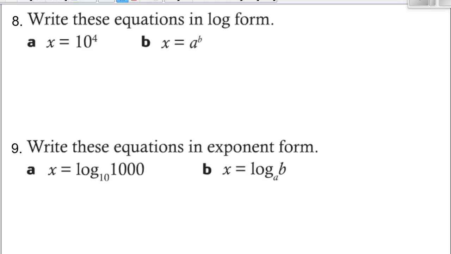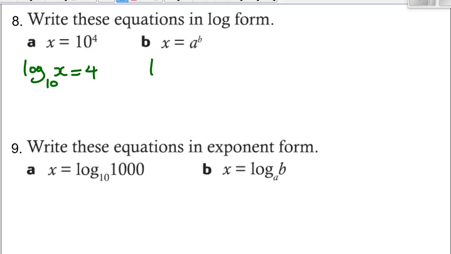You can also convert from exponential notation to logarithmic notation. So for example, in A, you can say log to the base of 10 of x is equals to 4, because 10 is the base, and x is on the other side.